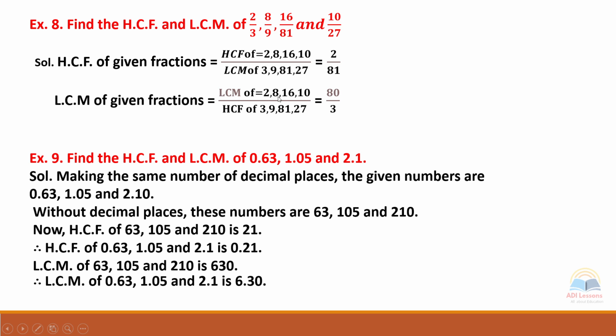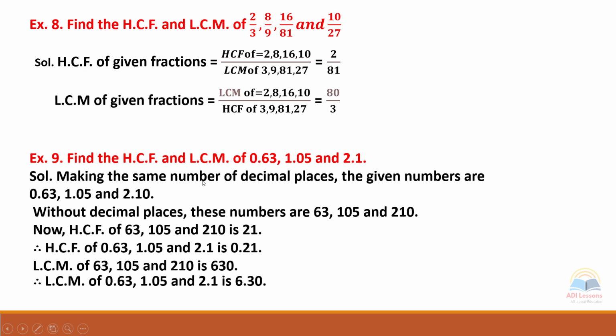So here LCM of 2, 8, 16 and 10 is 80. HCF of denominators 3, 9, 81, 27 is 3. Find the HCF and LCM of 0.63, 1.05 and 2.1.